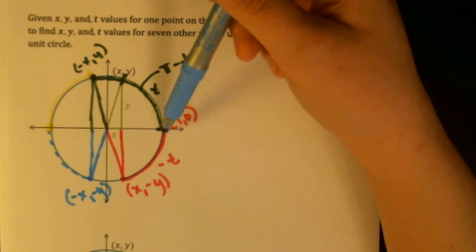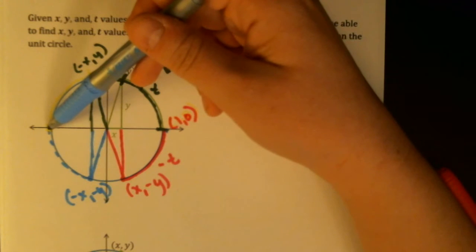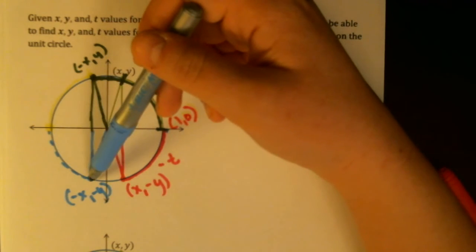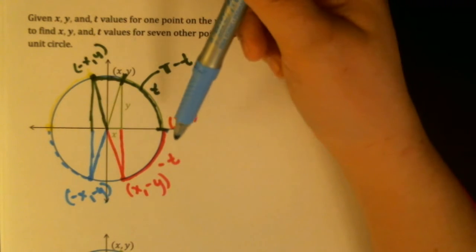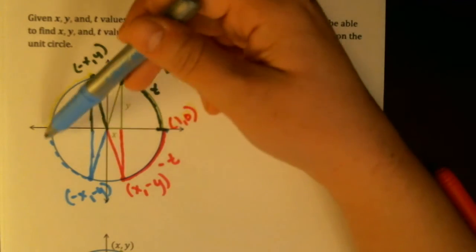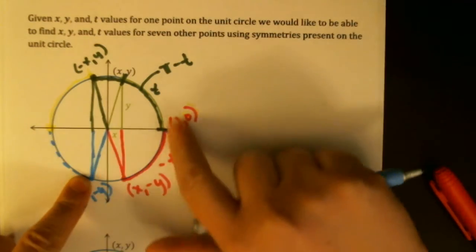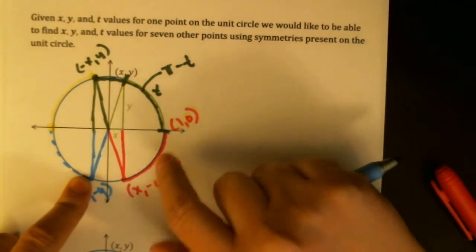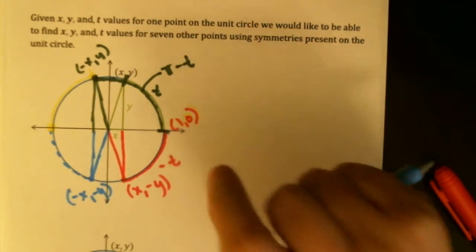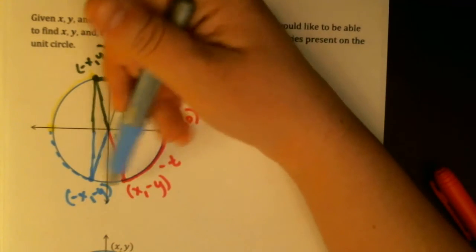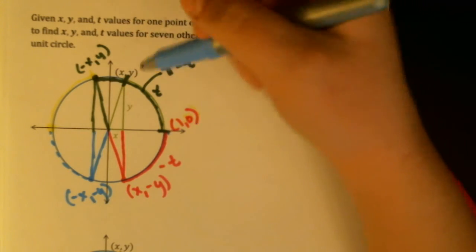So here I think there are a couple that are fairly easy to pick out. One would be you could start and you could go pi and then an additional t. That would land you there. You could go negative pi plus t, which is really just from here to here. Negative pi plus t would leave you this little bit of negative distance. So whichever one you like, both of those are fine.